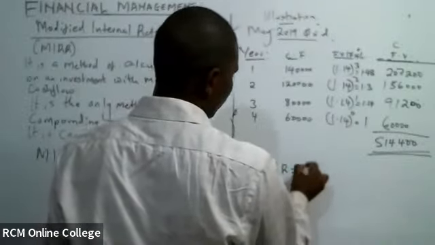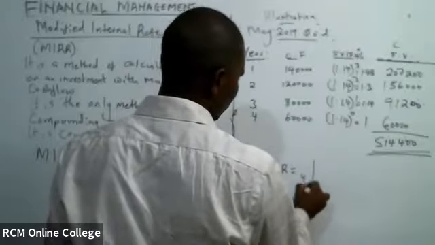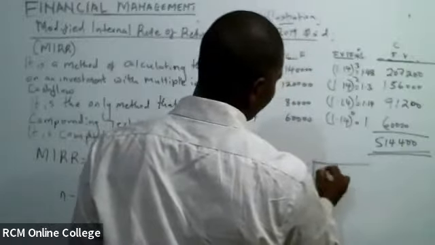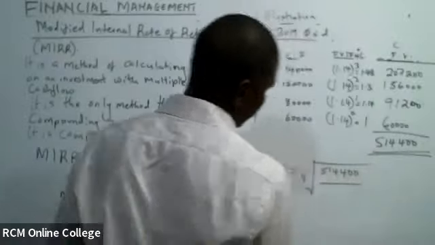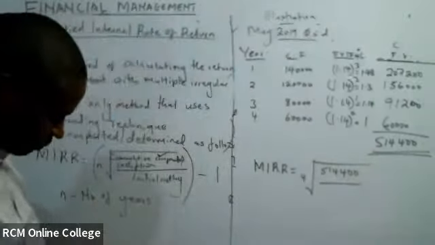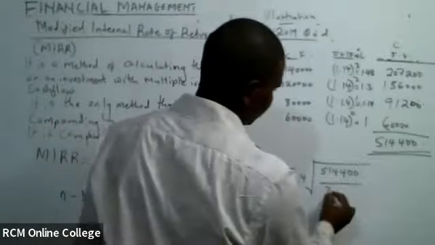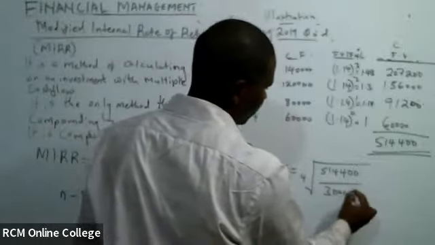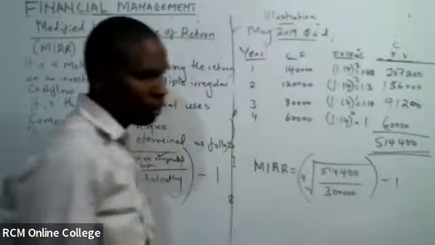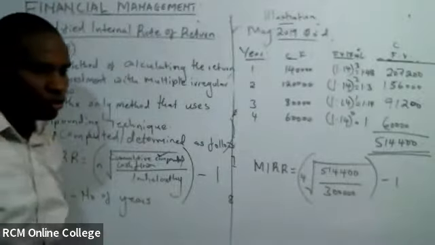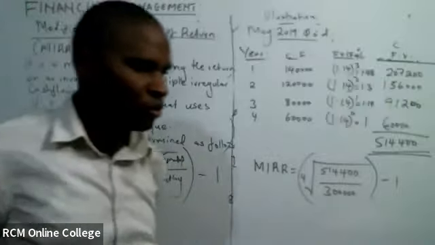MIRR is equal to 4th root of 514,400 divided by, what is our initial outlay? 300,000. Then whatever that I get there minus 1. So hapo watu wakumbuke ile fourth root. Is it 374 kweli?